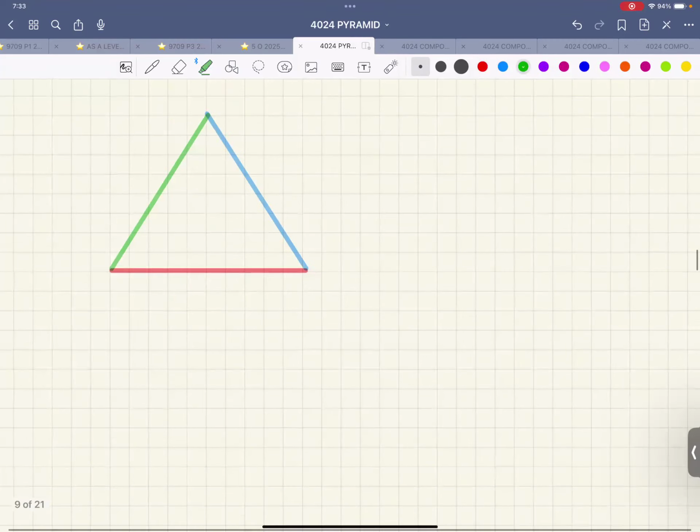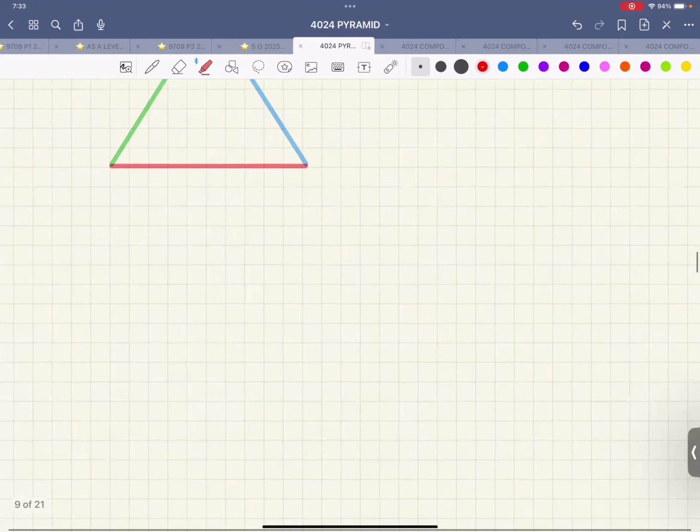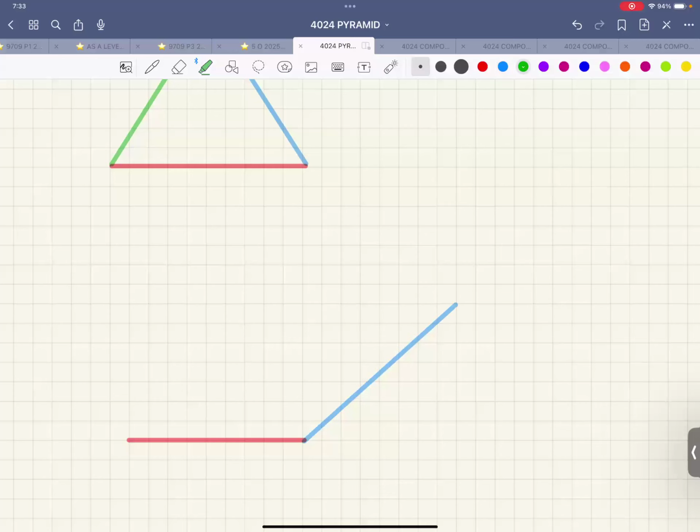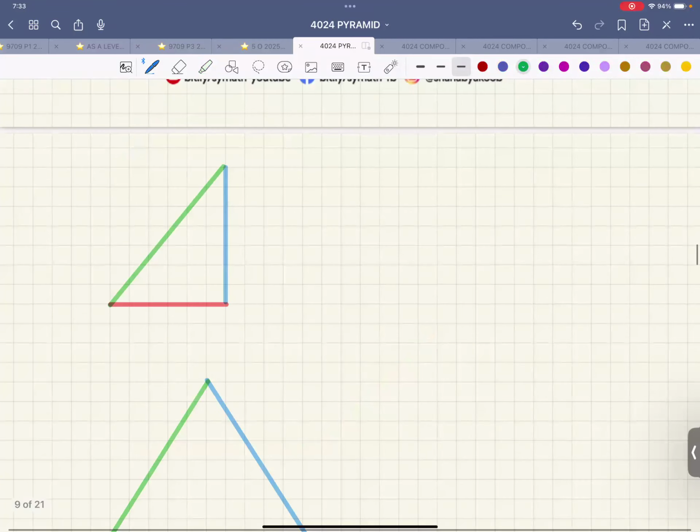That is the second kind. Then this is the third kind. So I've drawn 3 types of triangle.